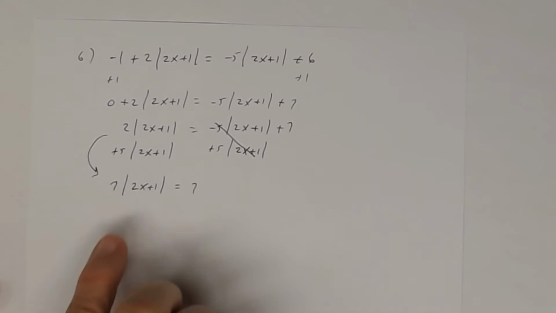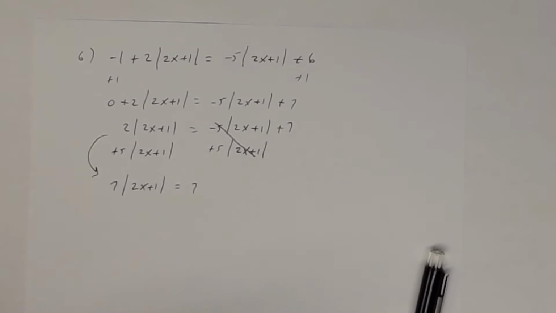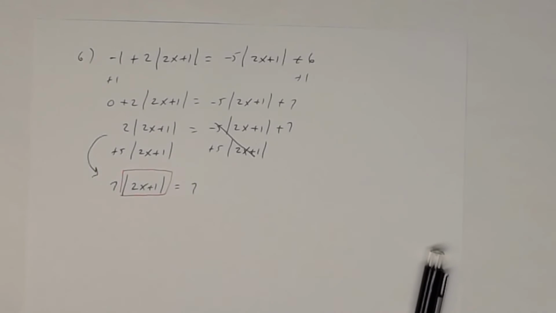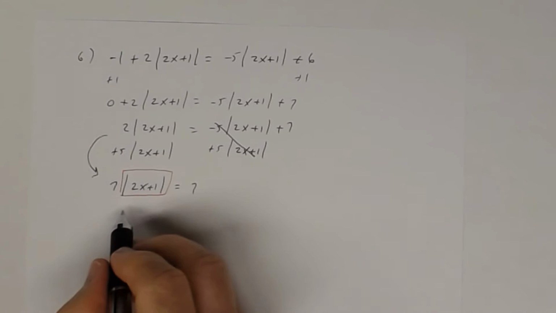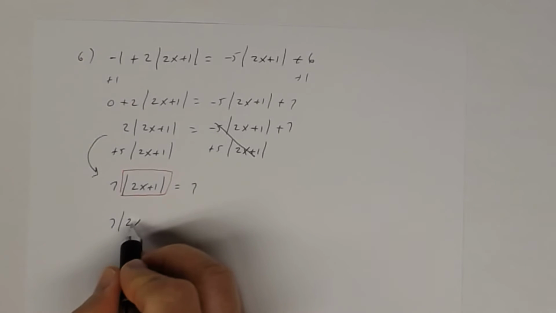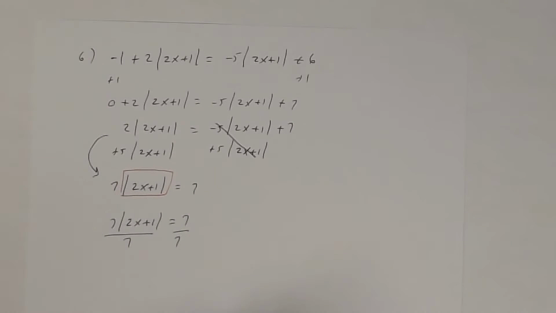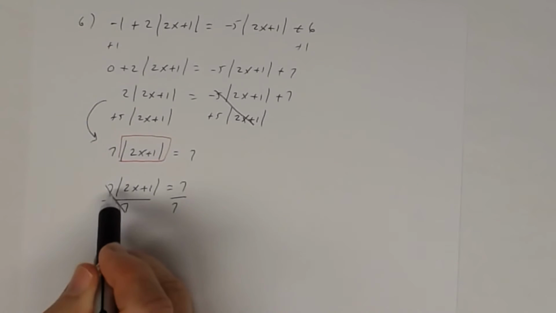Okay? And then what I would do next is to get that absolute value. So you want to get that absolute value expression by itself, right? So you want to get this right here by itself. So right now I'm multiplying by 7. So the opposite would be to divide both sides by 7, just like that. 7 divided by 7 is 1.